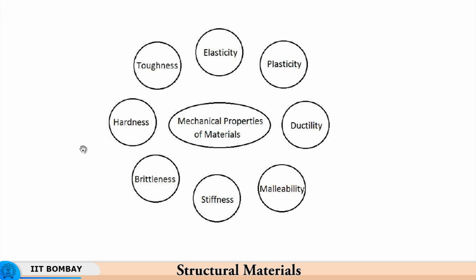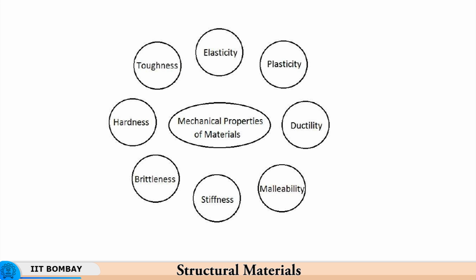Contrast that with plasticity, where the change in shape is permanent. Initially, when you are lightly loading something, it deforms, and that change in shape can be retrieved when the load is removed. But this elastic deformation cannot go on indefinitely.